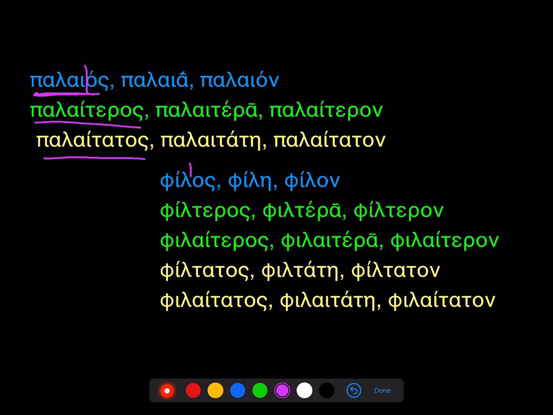You can either add the endings directly to the stem and get philteros, philtera, philteron, and philtatos, philtate, philtaton, or you can add the endings to philai, so philaiteros and philaitatos.